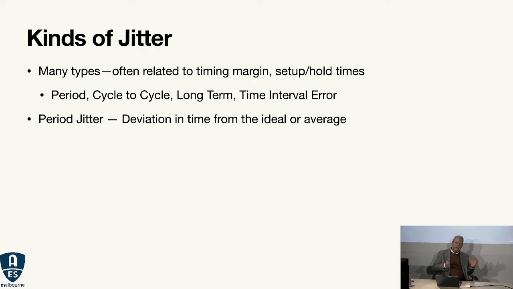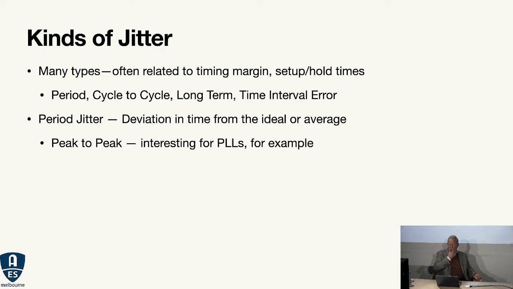So if you think of a signal going along, samples happening, a perfect sample rate is 48 kilohertz, so every 1/48 kilohertz there's a new sample, and the period jitter is the variation over these periods of when that occurs.